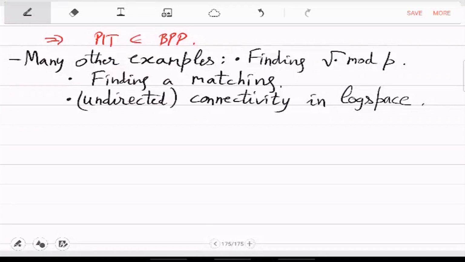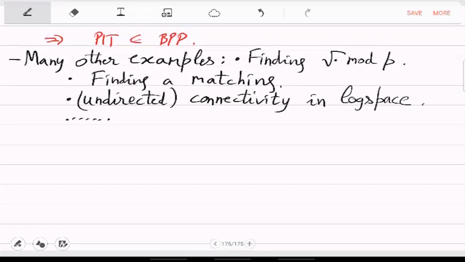So there are many such problems which have randomized algorithms, either in polynomial time or in small space. So this is going to be a very useful resource, especially for practical algorithms. Okay, you can see how these are all nothing but probabilistic Turing machines.